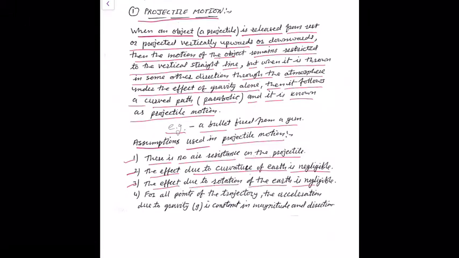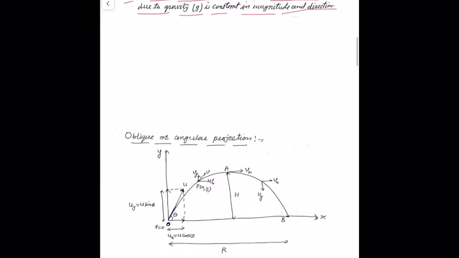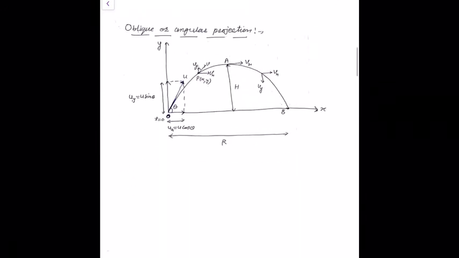Third, the effect due to rotation of the earth is negligible. Fourth, for all points of trajectory, the acceleration due to gravity g is constant in magnitude and direction.